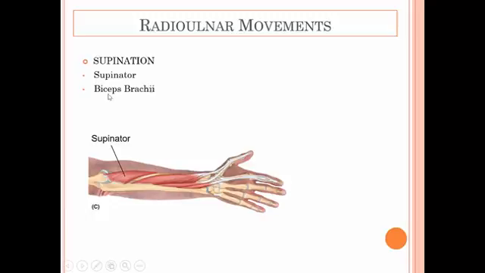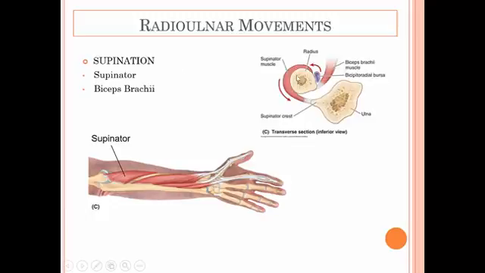When looking at the biceps brachii, you see that the attachment is onto the radius, so any muscle attaching to the radius has a chance of producing supination or pronation, and so we see that the biceps brachii are attaching to the radial tuberosity, and in the following clip you'll see that we can actually feel or determine the movement that is being produced by biceps brachii and determine whether it is supination or pronation.